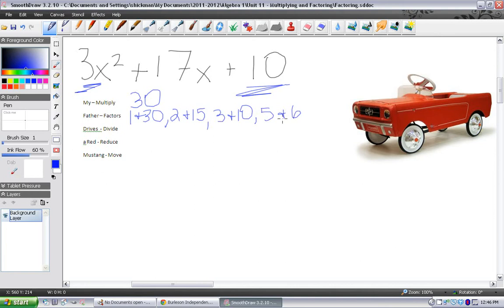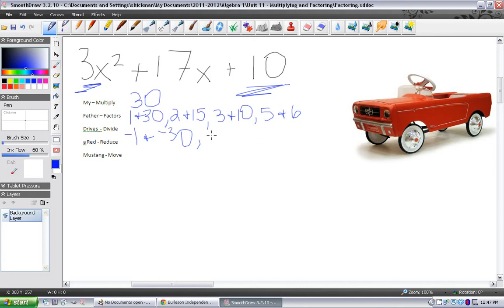When you get to the point where your next number would be one you've already used, you're halfway through. The only thing we need to do now is, because order doesn't matter here, look at the negative numbers that multiply to 30. In addition to 1 times 30 being 30, negative 1 and negative 30 multiply to 30.